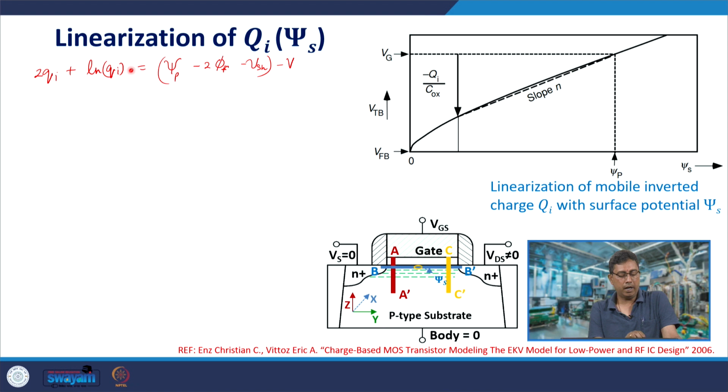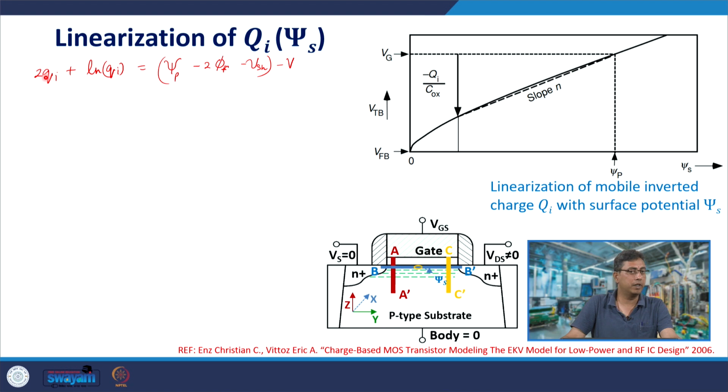As the value of this local channel potential increases, at a certain point it exceeds chi p minus 2 phi f minus VSH, and the local channel potential is now larger. So, what would happen? The right hand side would turn negative. What does that mean? It means that the natural logarithm of q I is negative and larger in magnitude than 2 q I. It means the value of the inversion charge is quite small, and therefore its natural logarithm is a large negative value.